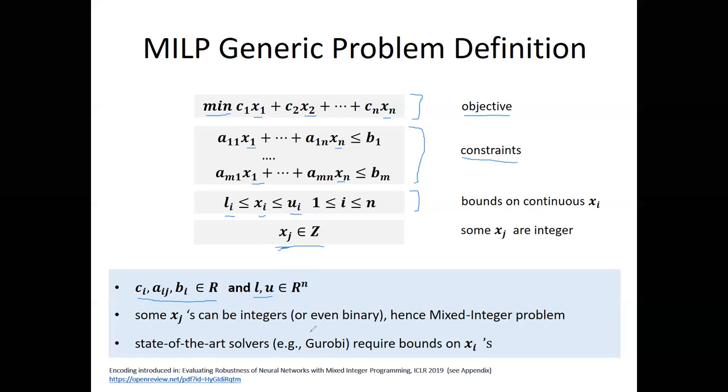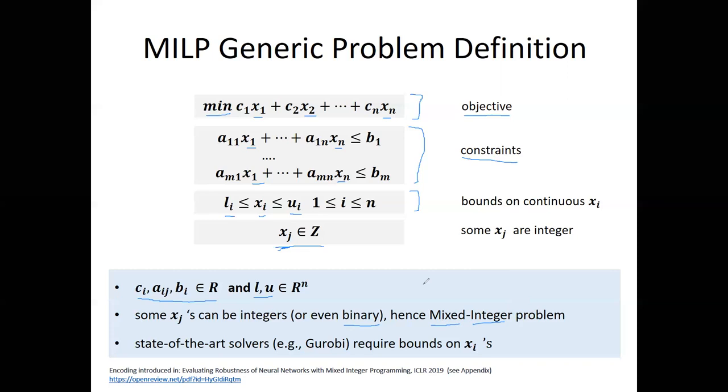In our case, when we are encoding the neural network verification problems, they're even going to be simpler. They're just going to be binary, taking on the values 0 and 1. And because they can be integers, or in our special case binary, we have a mixed integer problem where some of the variables are reals and some of the variables are integers.